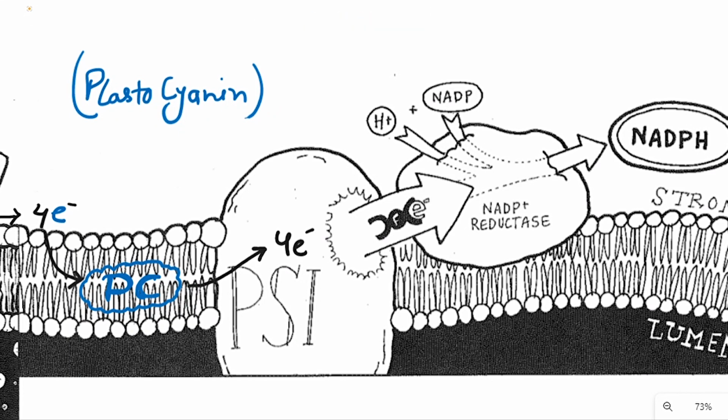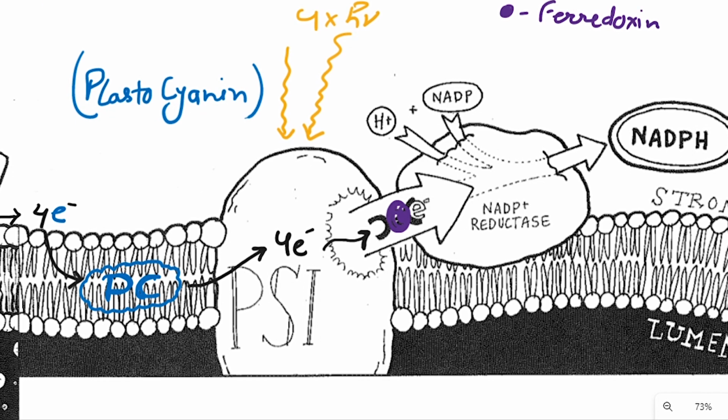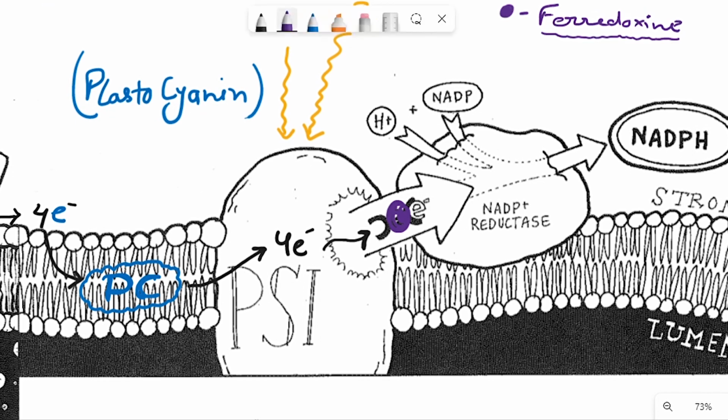This is also powered by 4 photons. Once again, here no electrons are snatched from PS1. It just acts as a bridge that will transfer these electrons that originally came from photosystem 2, and it will transfer these electrons further via the next redox carrier, ferredoxin. And ferredoxin will provide these electrons to NADP positive reductase.